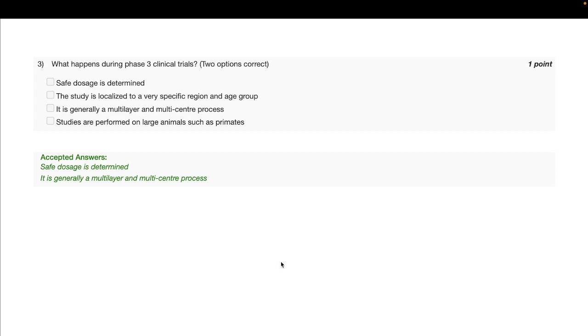So the rest of the two options, the second option is the study is localized to very specific region and age group, which is actually a parameter of phase 2 clinical trials. And the last is studies are performed on large animals such as primates is also false because clinical trials are only performed on humans. Primates is one step before the clinical trials. So phase 3 includes safe dosage is determined and it's a multi-centered process. Clear?